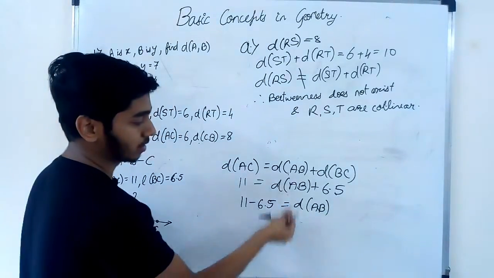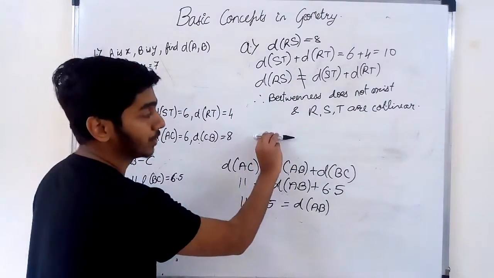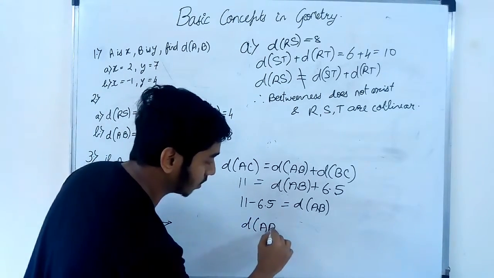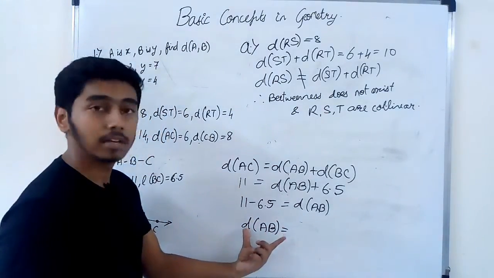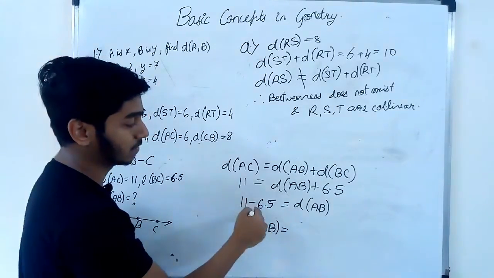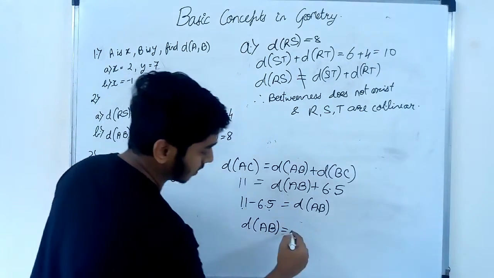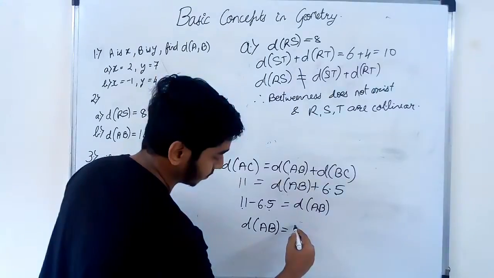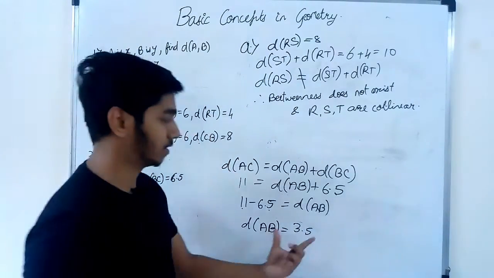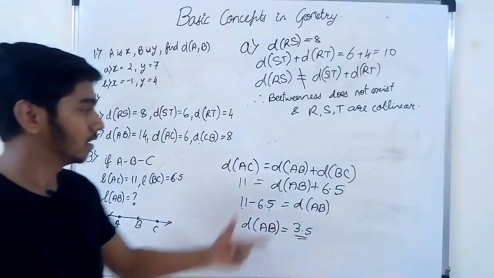Now you just switch it, therefore we'll write distance AB on the left hand side, switching the equation. So 11 minus 6.5 is 3.5. So I hope you have understood how we do this.